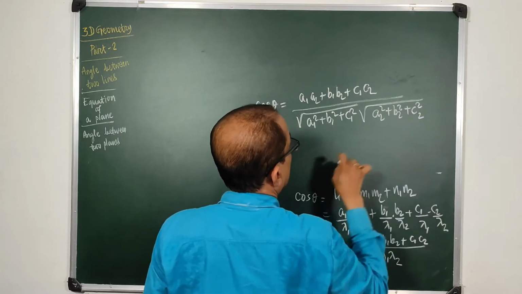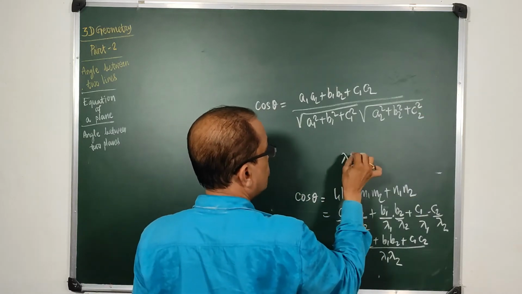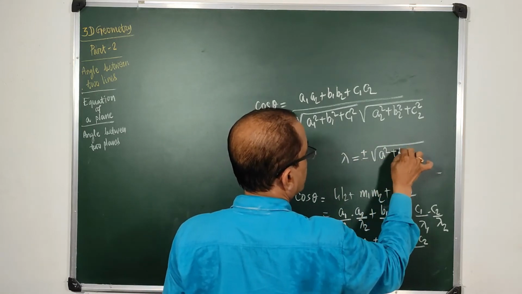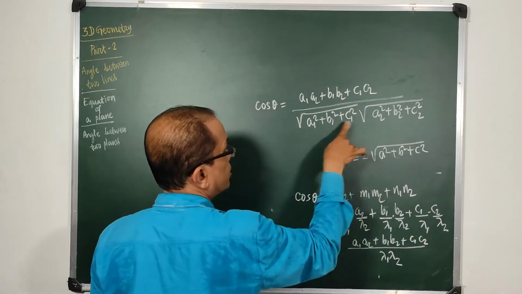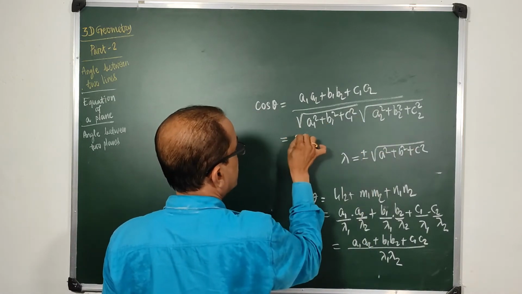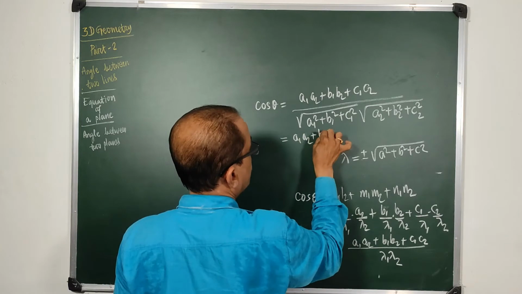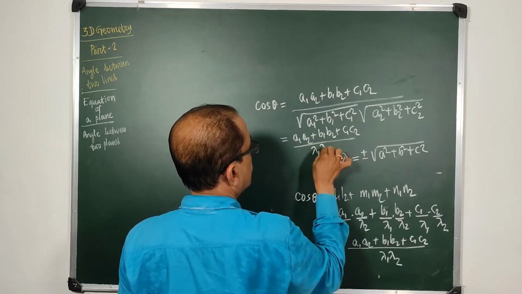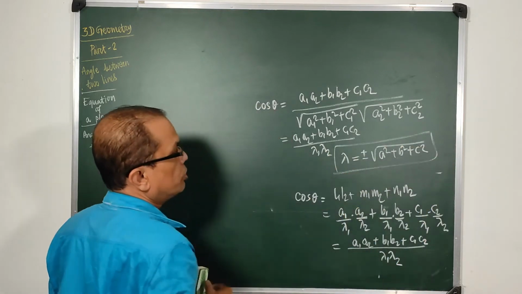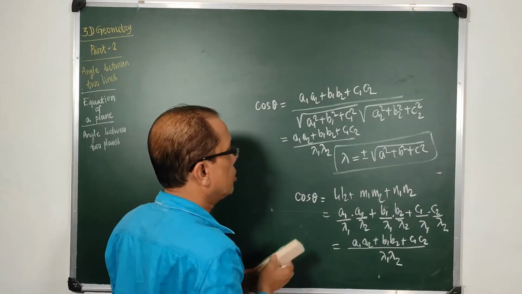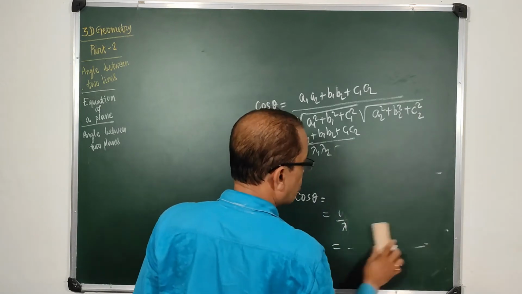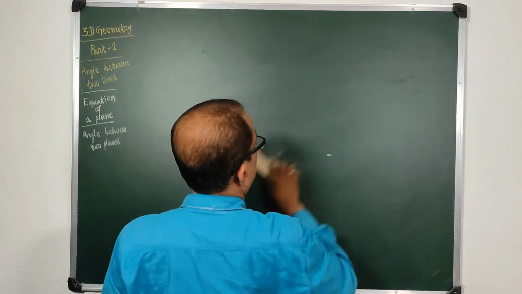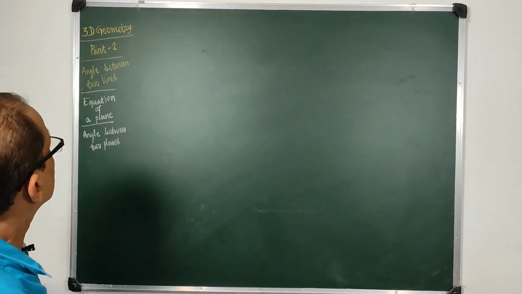And since we had earlier planned to write lambda for plus minus root over a square plus b square plus c square, lambda has two variations here. This can be written as a1 a2 plus b1 b2 plus c1 c2 upon lambda 1 lambda 2 using this technique, so that we need not write long things so many times. So now let us go to the next bit.